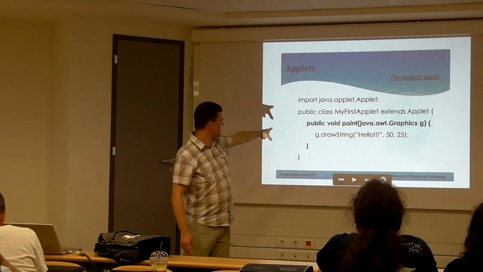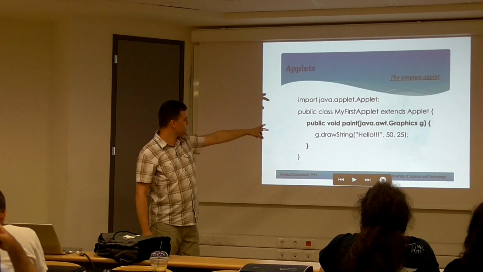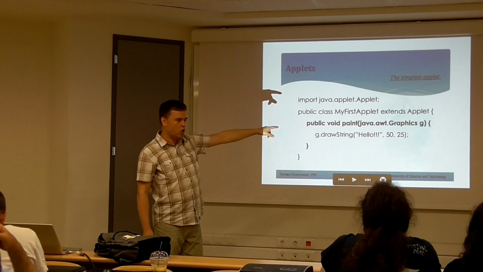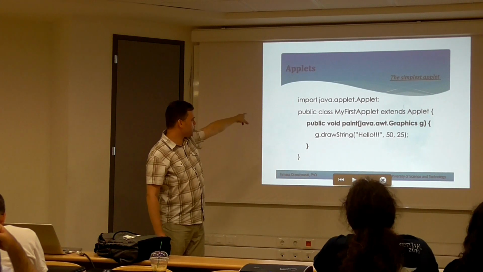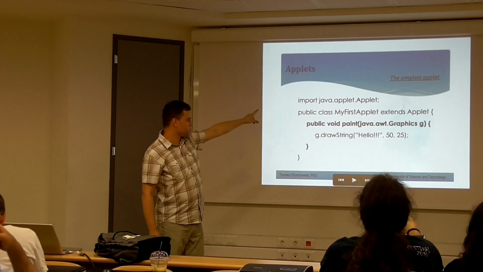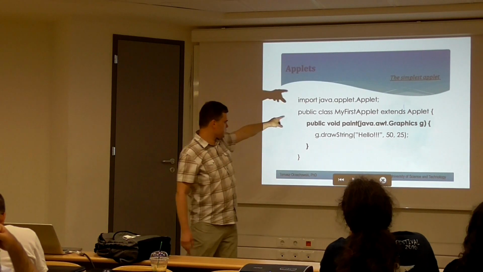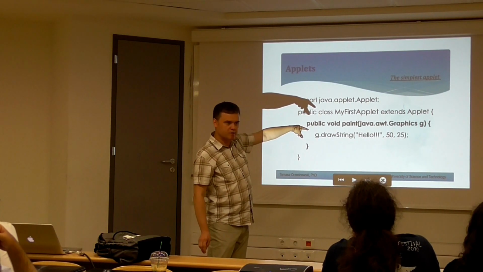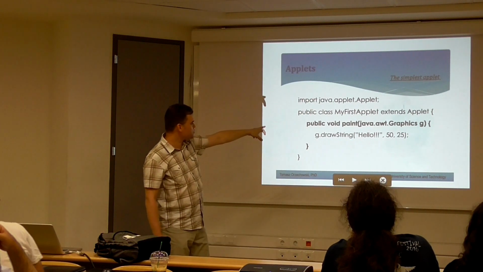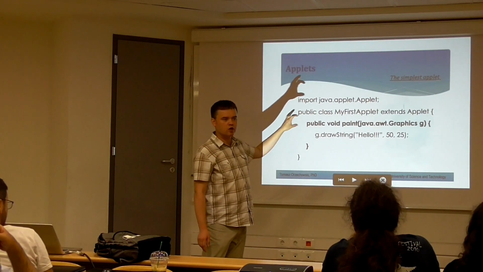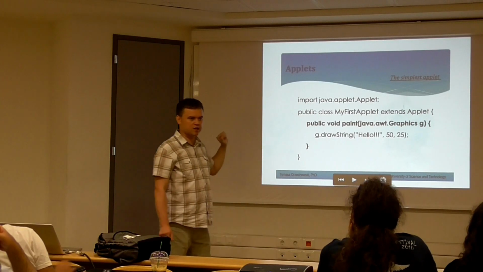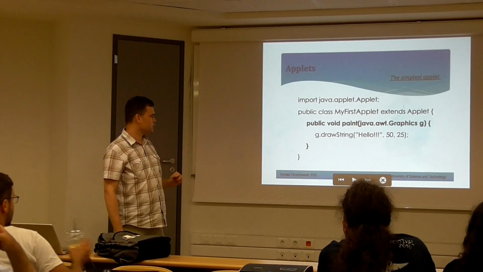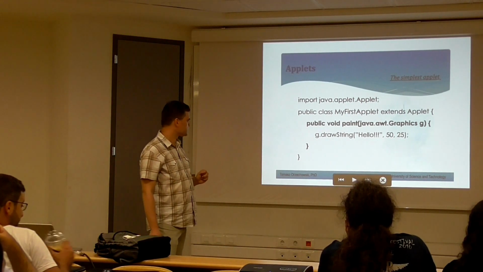You will see that in the public void paint method there is java.awt.Graphics. Of course, you can add the line import java.awt.Graphics; and now in this paint method we can just use the short name of the class, Graphics. But if you don't want to, you can do it in that way also.